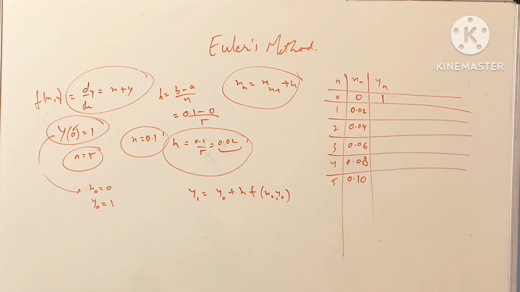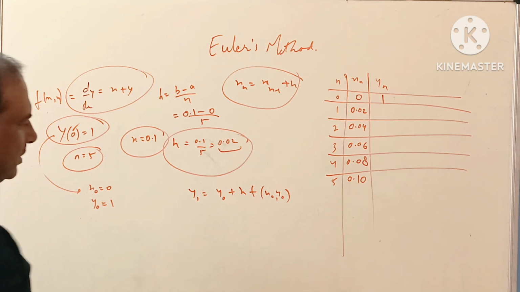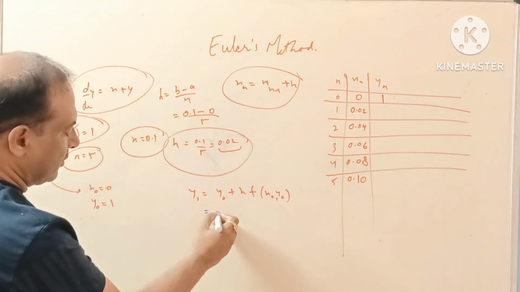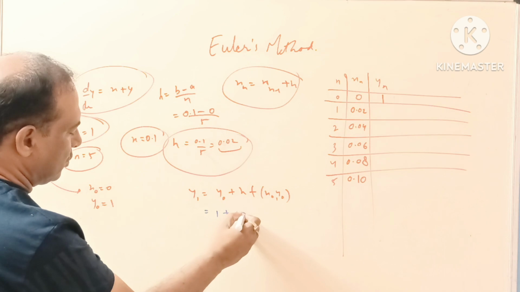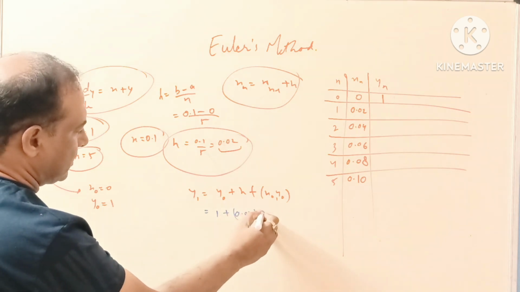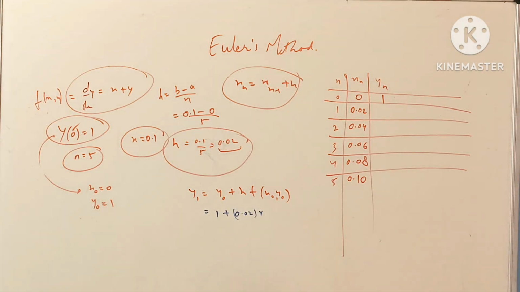Clear? Now if I put in y0, it will be 1 plus h, which is 0.02, multiplied by f(x0, y0).